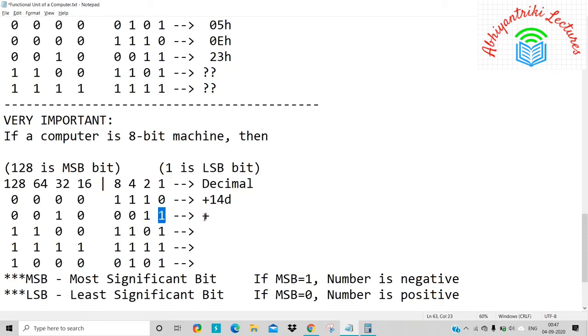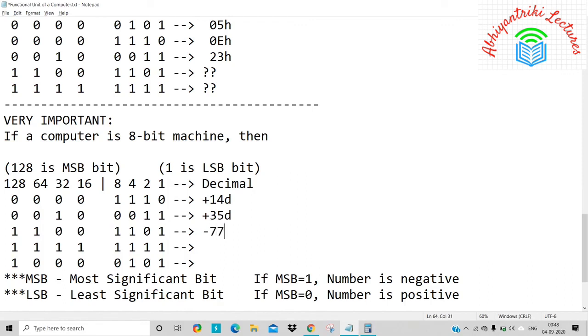So plus 35D. Next, similarly, here it is minus, so the number is negative. Now add this: 64 plus 8 is 72, plus 5, 77. So the number is minus 77D, decimal.